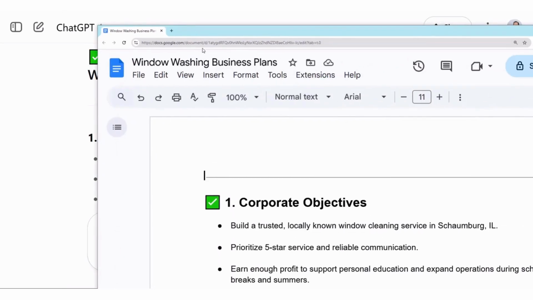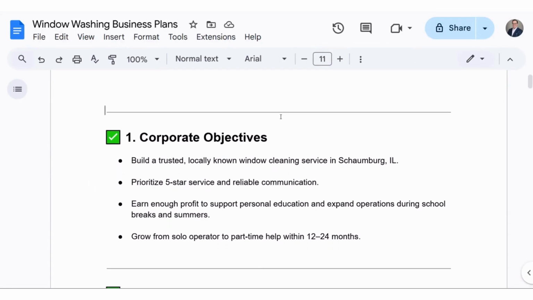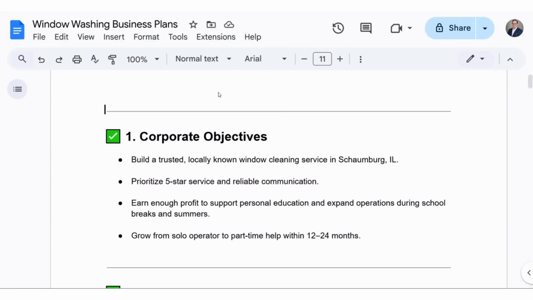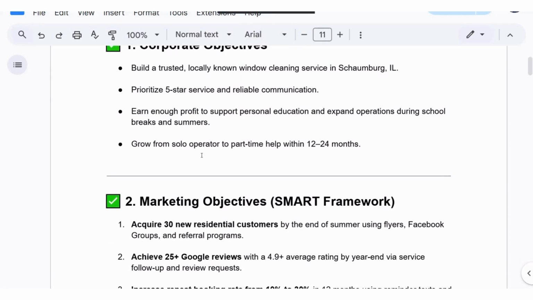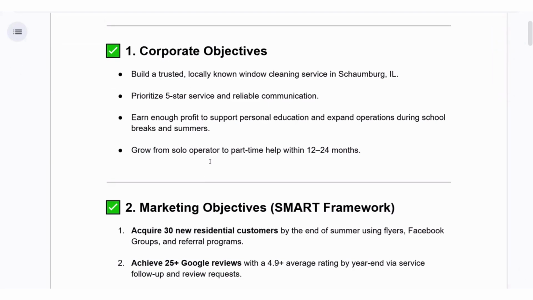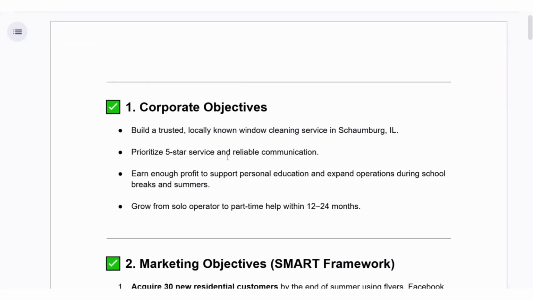And through, like I said, the magic of TV or video, we have the different areas already populated from ChatGPT and loaded into a Google Doc. So we can go through the different areas real quick, and that's about all I wanted to talk about today.